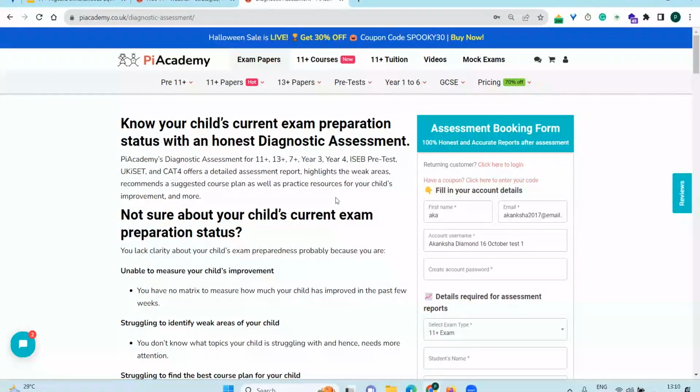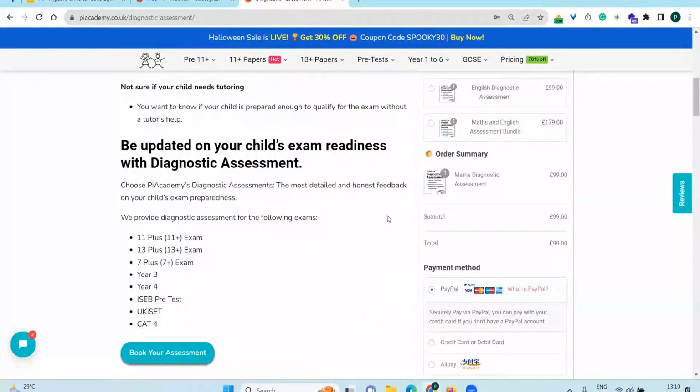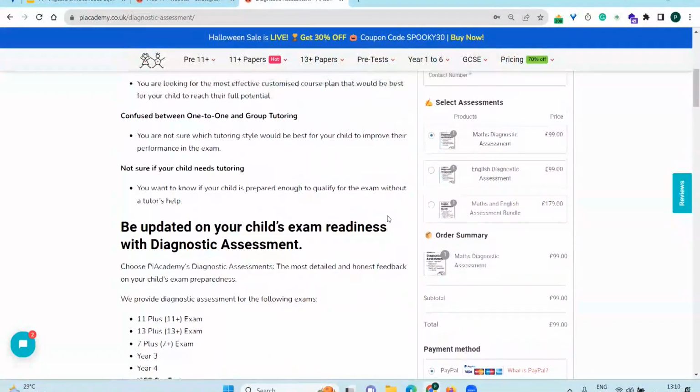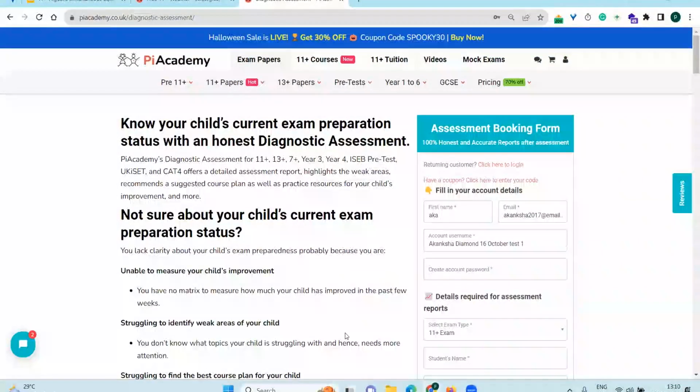So I would recommend that you check out the diagnostic assessment. Nirvan, the diagnostic assessment is paid, so you can check out the prices depending on how many diagnostic assessments you take. You could take the Maths and English bundle, which you get for around 179 pounds.